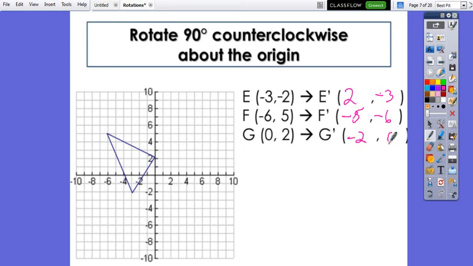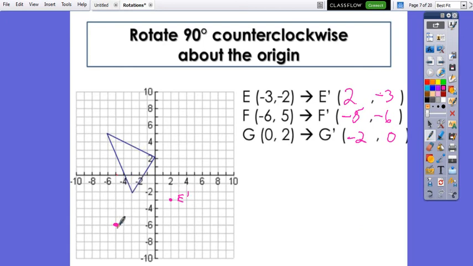All right. Now let's graph these and just see what it looks like when we go 90 degrees counterclockwise. Remember, counterclockwise is to the left, moving to the left. So 2, -3, and that would be E prime. And then -5, -6, go to the left 5, down 6.